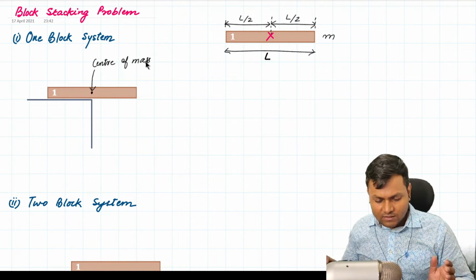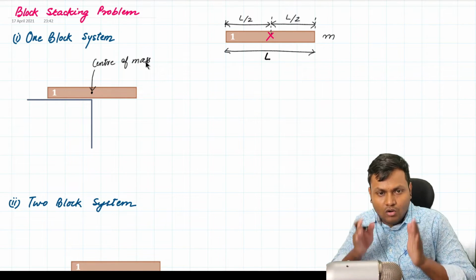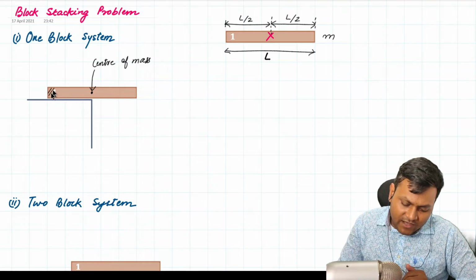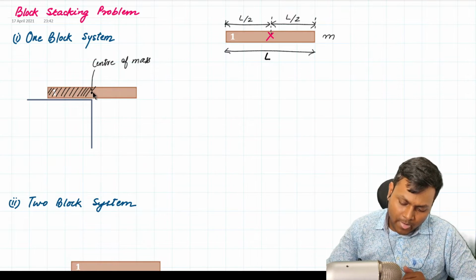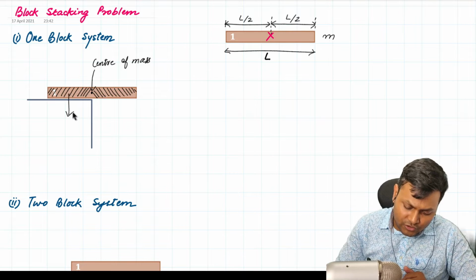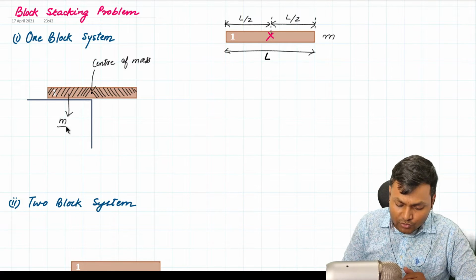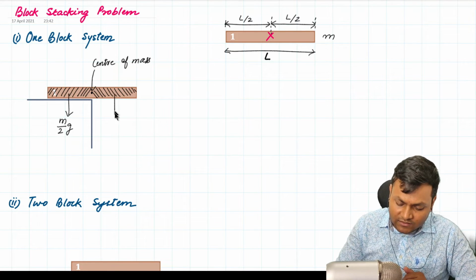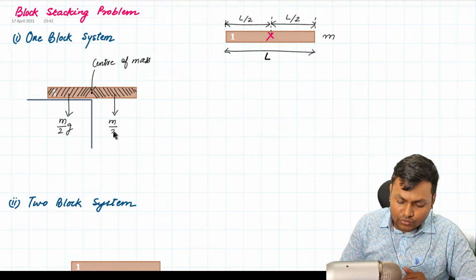The reason is because the moment I place it on the edge, I can divide this entire region into two portions, the left hand side of the center of mass and the right hand side of the center of mass, such that both have equal contributions towards weight. So this will have a contribution of m/2 g, and this region will have a contribution of m/2 g, right?